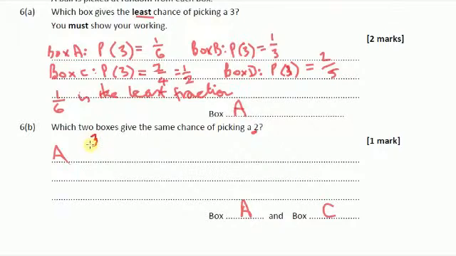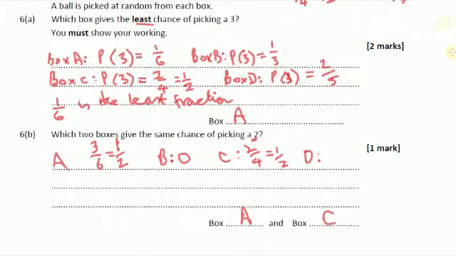A, 3 over 6, which is a half, and B, I'll put them all in just to show my working, if you like, 0. C is 2 over 4, which is a half, and D is 1/5, I think I said. Yes.